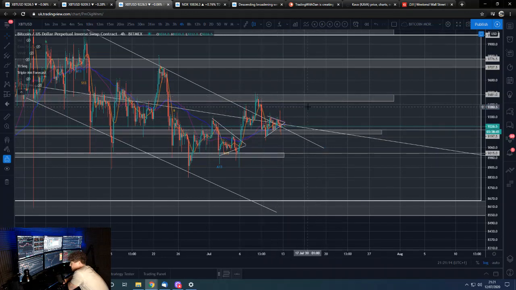There may be no real push to get us up, no big wick up, but I feel we are gradually going to make our way up to this resistance again at 9,400.